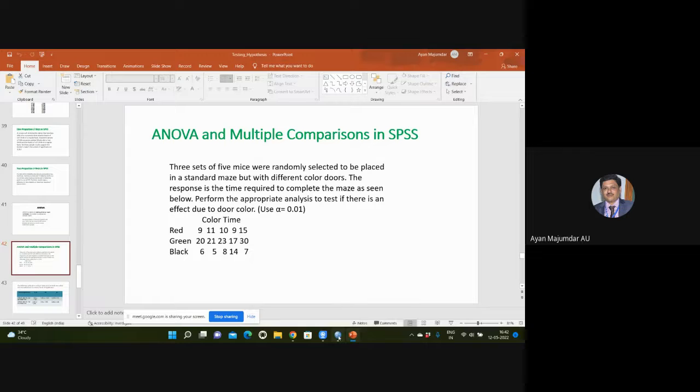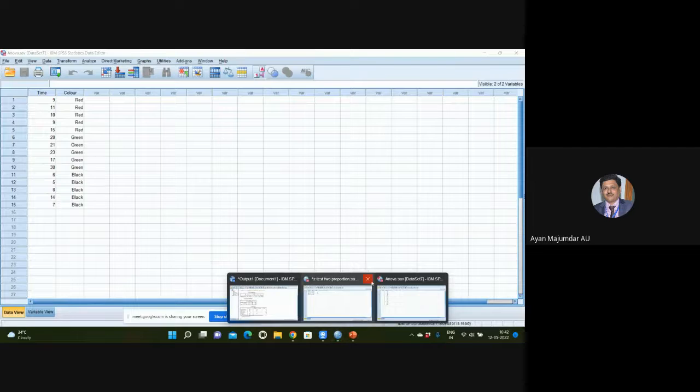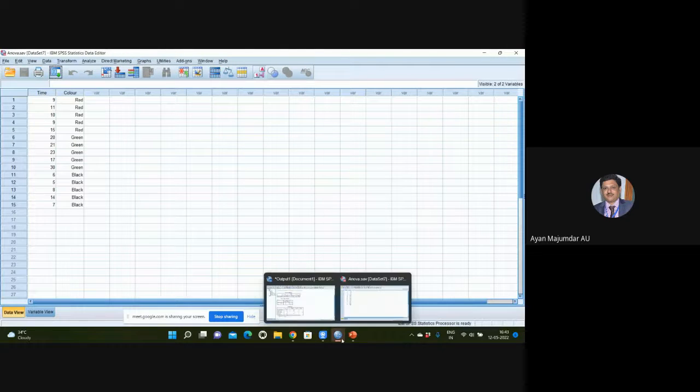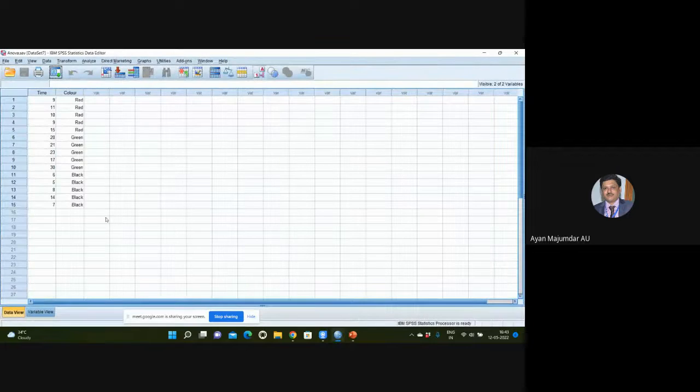I have the data already saved in SPSS. In the same way, the different colors are mentioned as 1, 2, and 3: red as 1, green as 2, and black as 3, in order to let SPSS know.